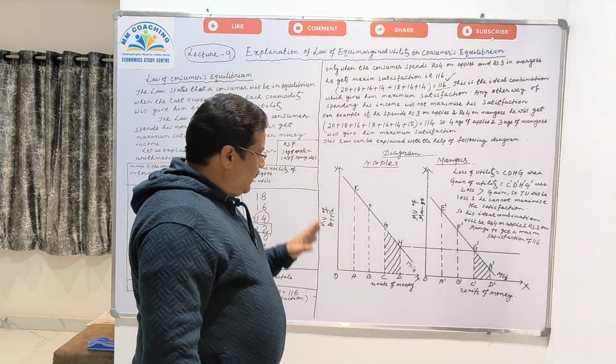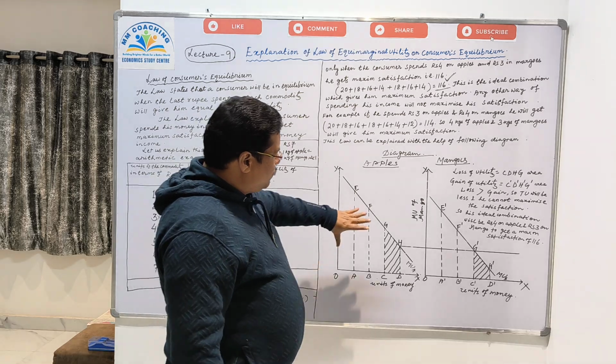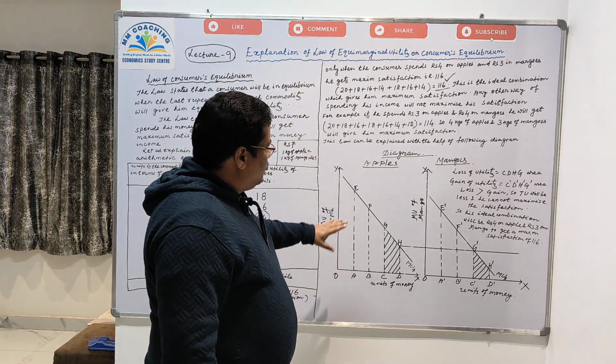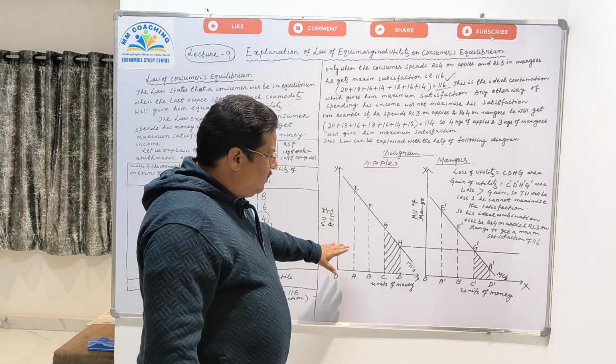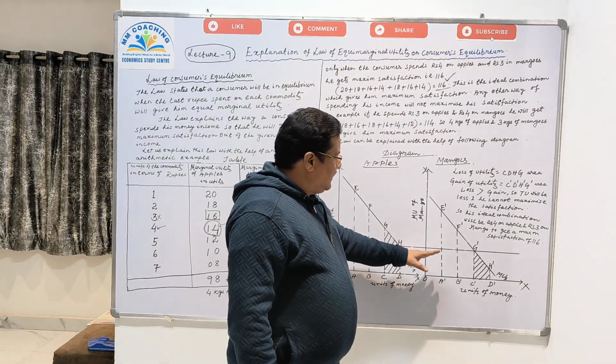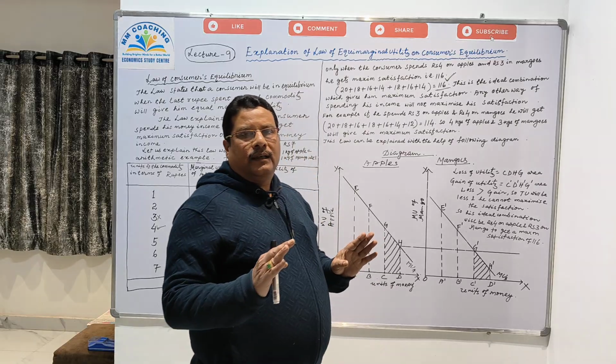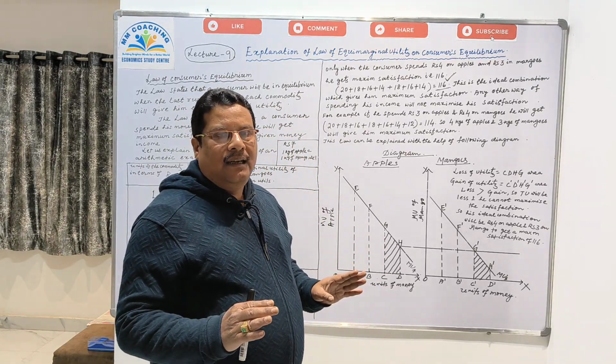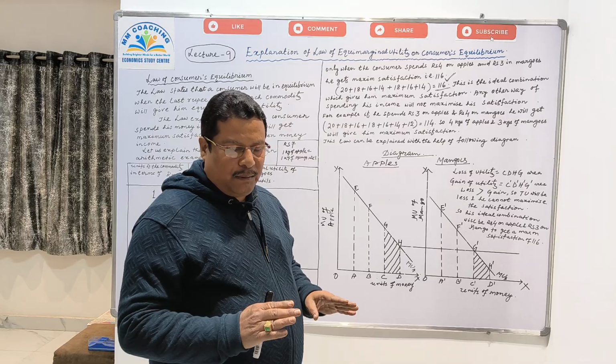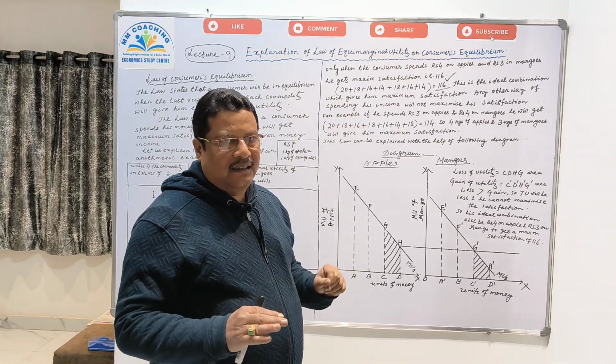So when the consumer consumes 4 kg of apples and 3 kgs of mango, he will definitely maximize his satisfaction. There is no doubt in it.